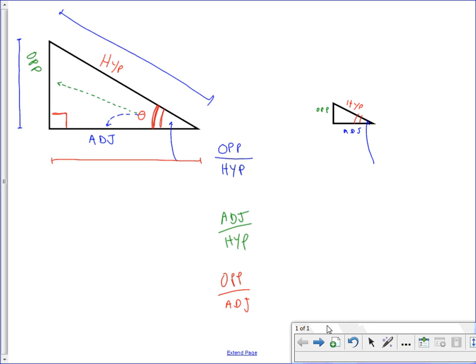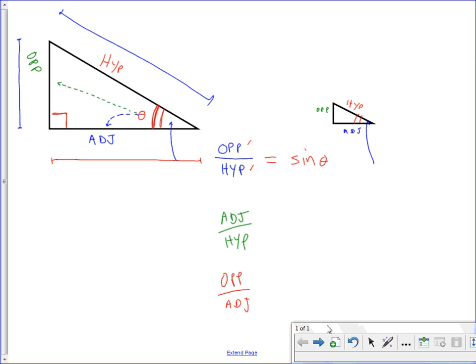And this ratio we define to be something we call sine. In this case, we say that the angle theta has a sine, the sine of theta, that by definition is equal to the ratio of the lengths of two sides, in this case, the opposite and the hypotenuse.